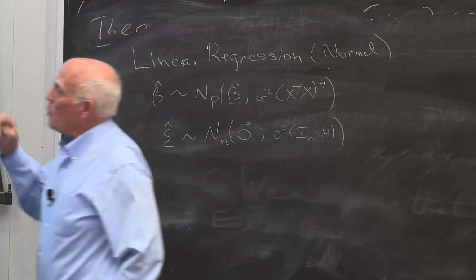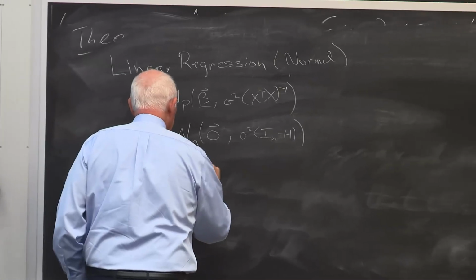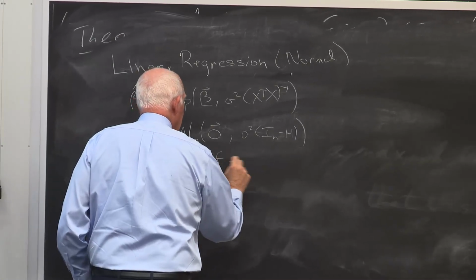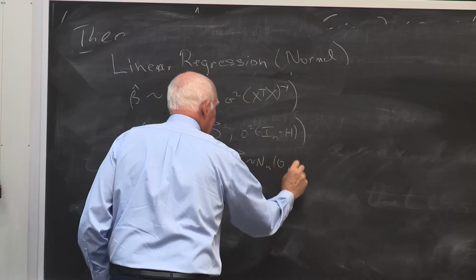And with these properties, we can show that they are independent random variables if we have the normal model assumption. So these are independent if the error vector is multinormal.